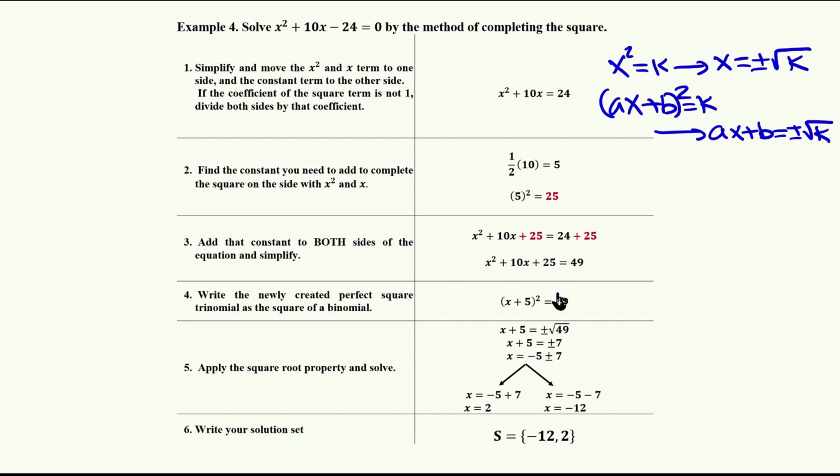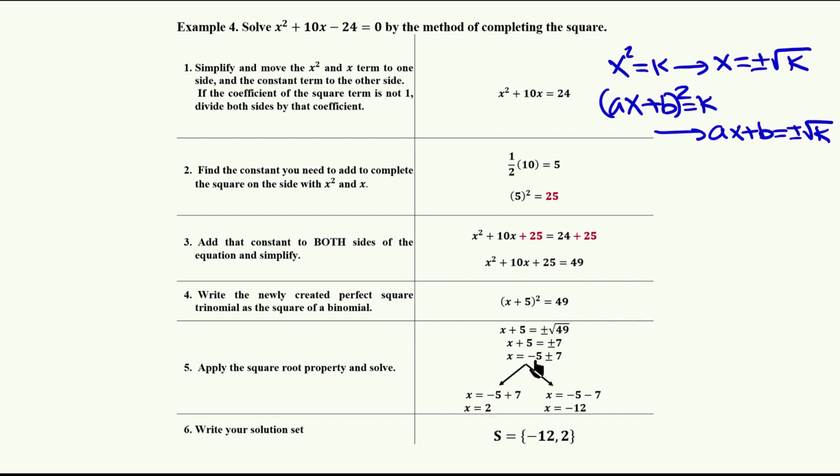So here we're using this more general version, so we get x plus 5 equals plus or minus square root of 49. Of course, we know that the square root of 49 is 7, so we just get x plus 5 equals plus or minus 7. And that gives us, subtracting 5 from both sides, x equals negative 5 plus or minus 7.